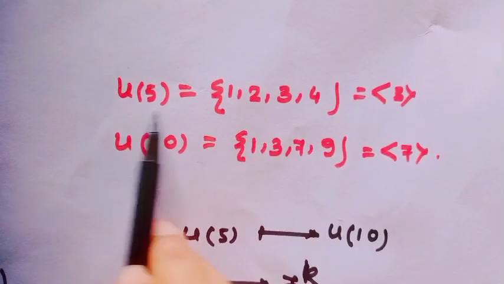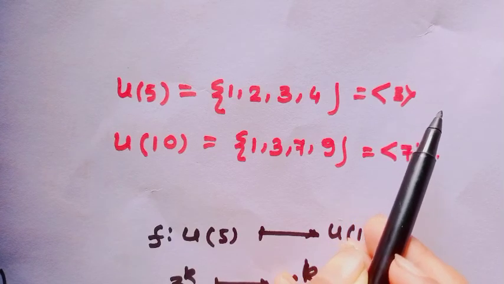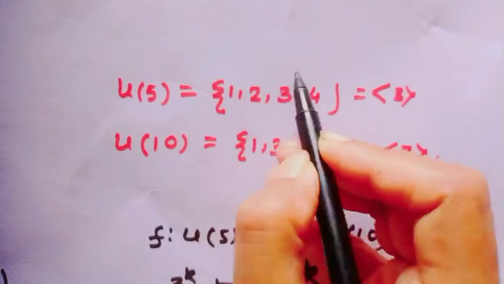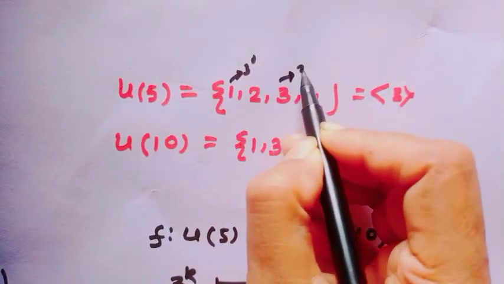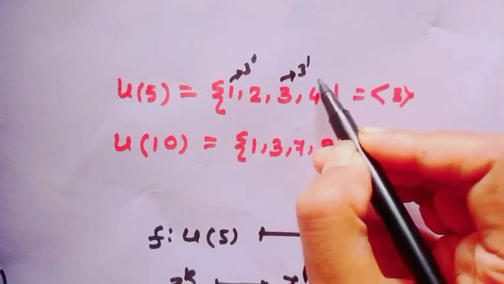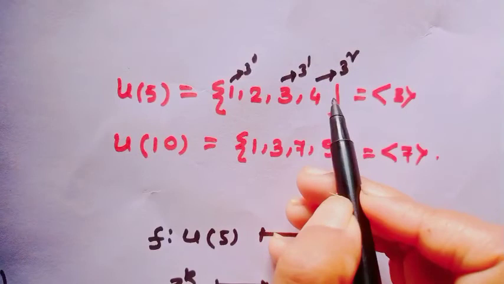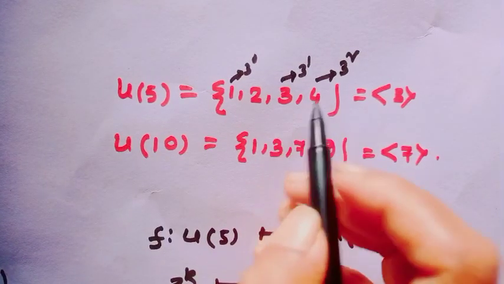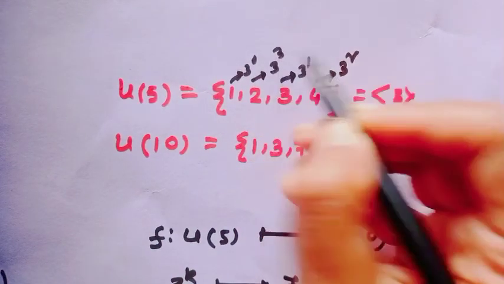this group is the cyclic subgroup generated by 3 because this is 3 to the power 0, this is 3 to the power 1, this is 3 square, means 9, 9 is congruent to 4 in modulo 5, and this is 3 cube.